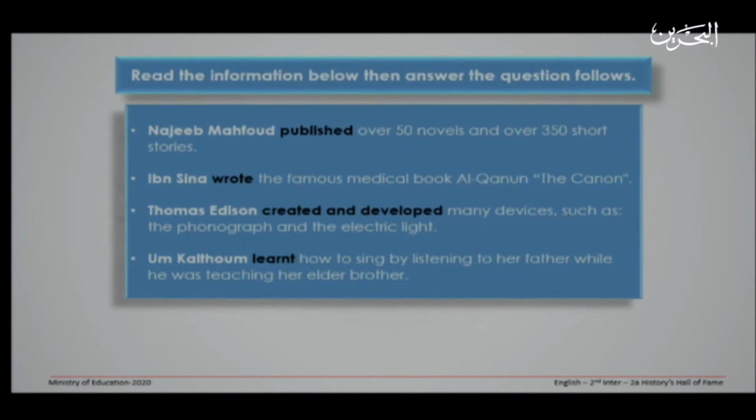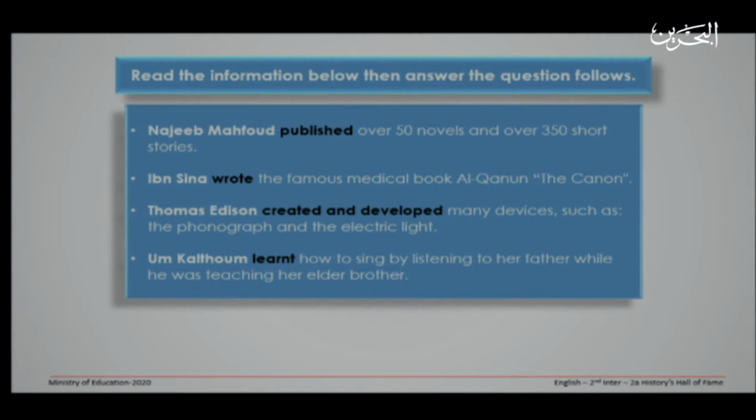Now, this task is followed by this mission. Read the information below, then answer the question that follows. Number 1. Najib Mahfouz published over 50 novels and over 350 short stories. Number 2.